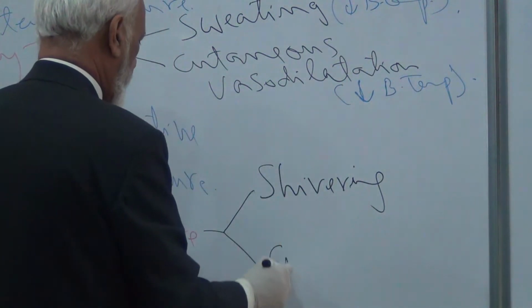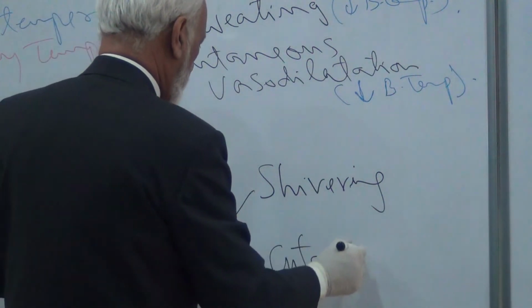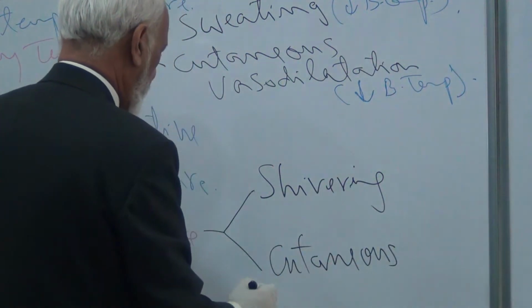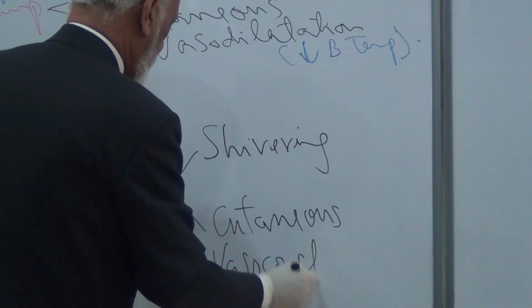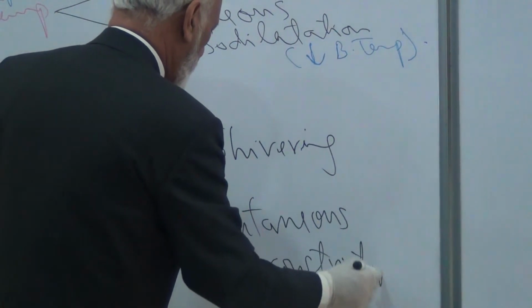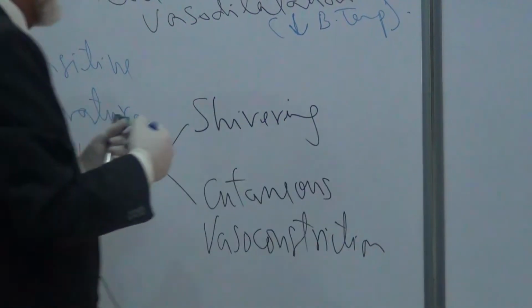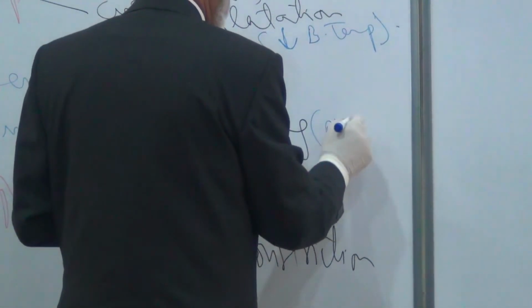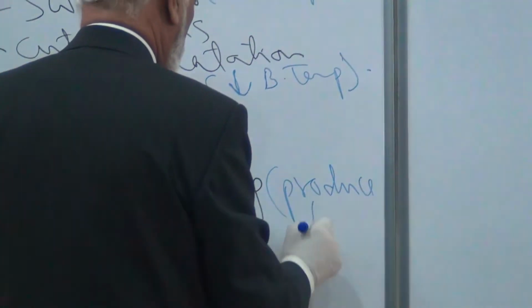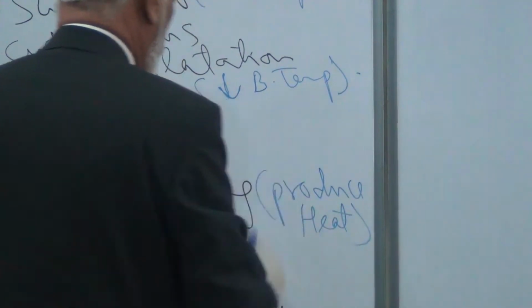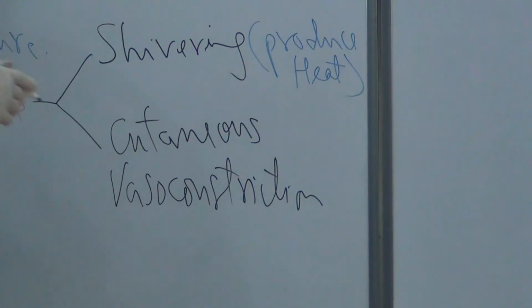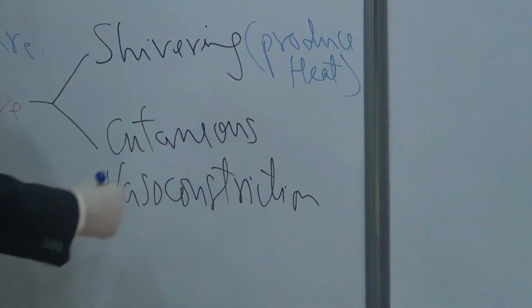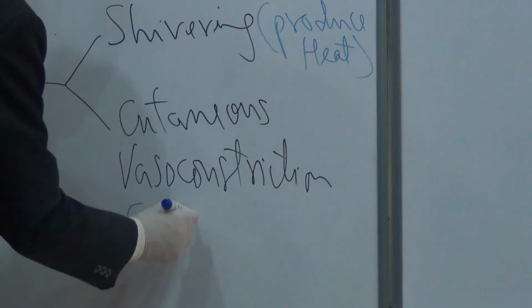And number two, cutaneous vasoconstriction. Shivering produces heat. In this way, body temperature is raised. While cutaneous vasoconstriction, constriction of the cutaneous blood vessels, conserves body heat.